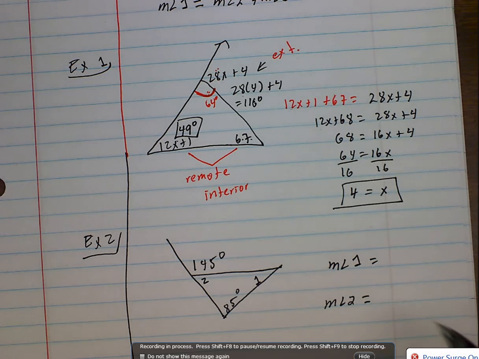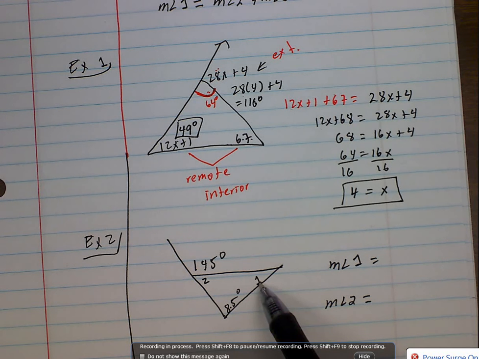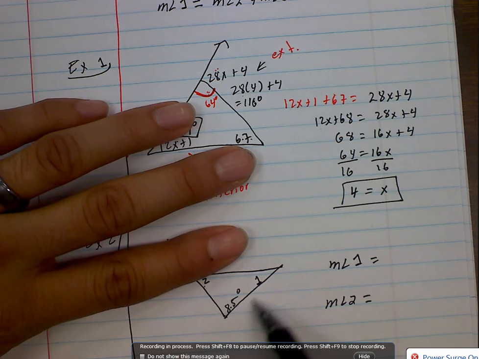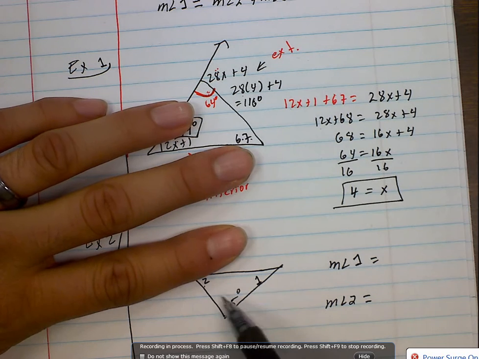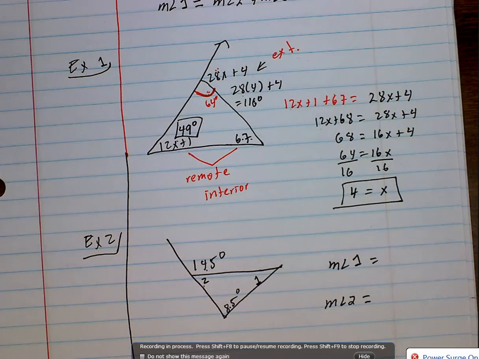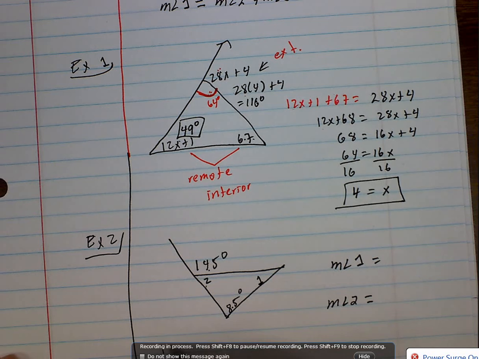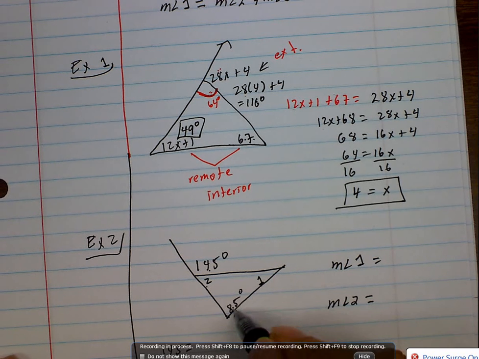So there are two ways you can do this. You can take 85 plus measure of angle 1 and set it equal to 145, or you can first find angle 2 and then apply the angle sum theorem. So it depends what you want to use. So I'm going to go with what we just did. So 145 is equal to the two remote interior angles. So we have 85 plus measure of angle 1.